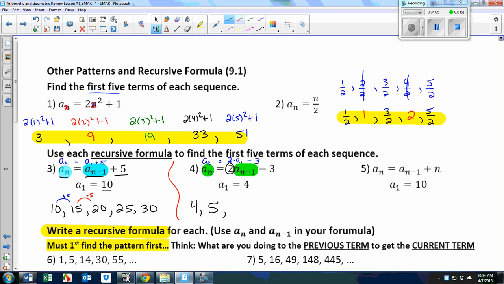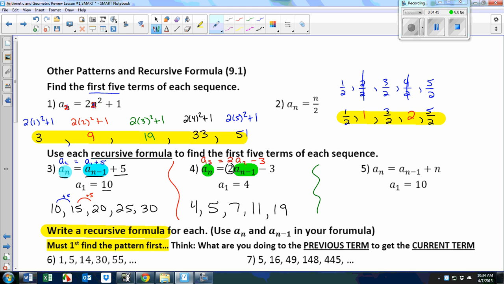Third term, a sub 3 equals 2 times the second term minus 3. So take our 5, double it, 10, subtract 3, 7. Double the 7, 14, minus 3, 11. One more time, double that term 11, 22, and subtract 3, 19.